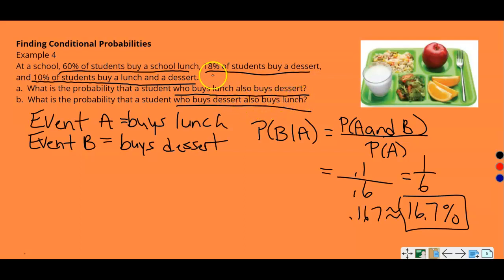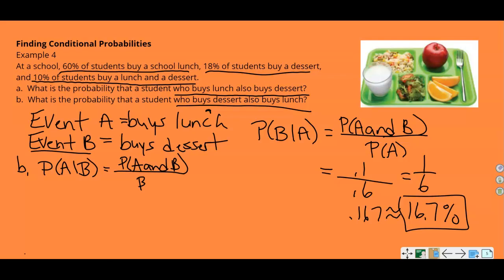So also buys lunch is event B. So now we're going to look at the probability of A given B. It changes our formula slightly, but we still have the probability of A and B on top. But now event B is buys dessert, so we're going to have the probability of B on the bottom.